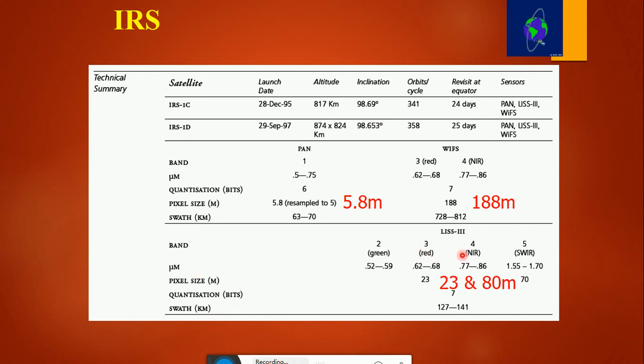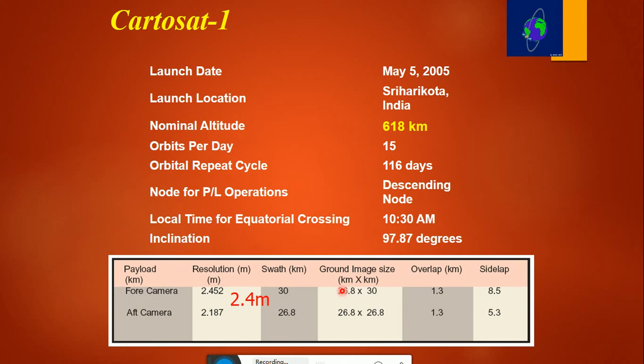Resolution for the pixel is 2.4 meter, payload camera, after camera 2.4 meter resolution. Overall swath is 30 km to 36.8 km. Ground image size is 26.30. Overlap is 1.3 and side lap is 1.5.